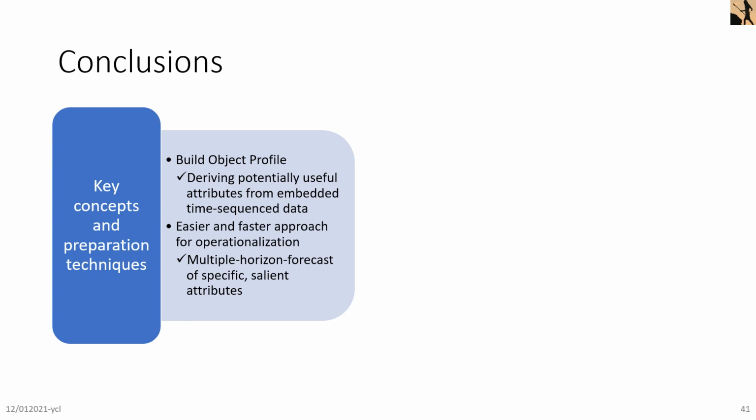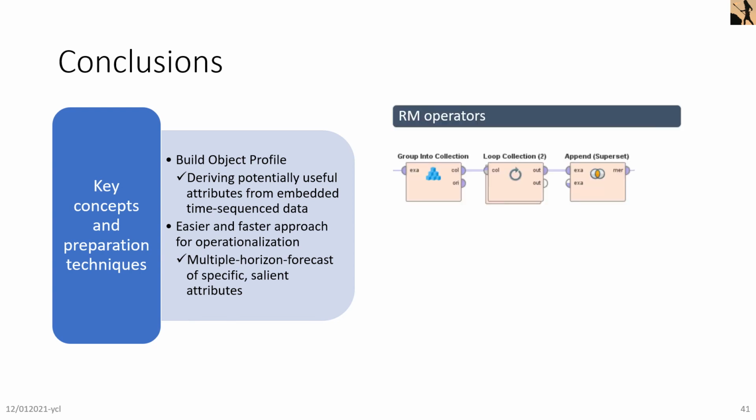Now we also think about the trade-off between that and some easier or faster approach. Here we are actually getting down to the case of multiple horizon forecast of specific attributes. So what we learned, just a quick review of the operators we have run through.